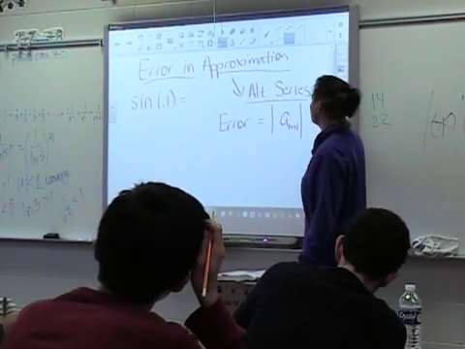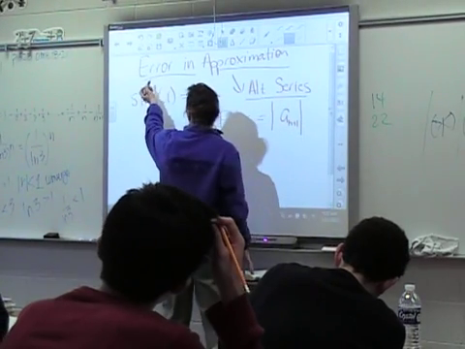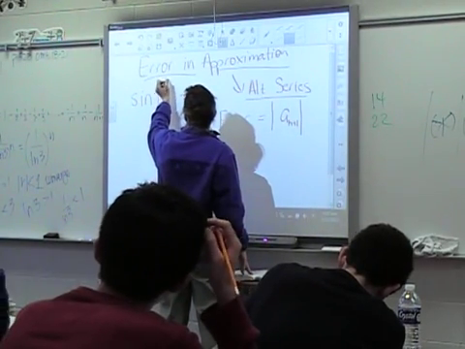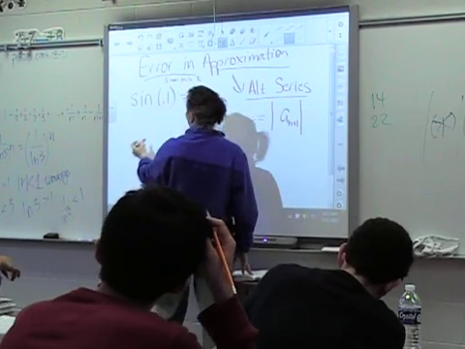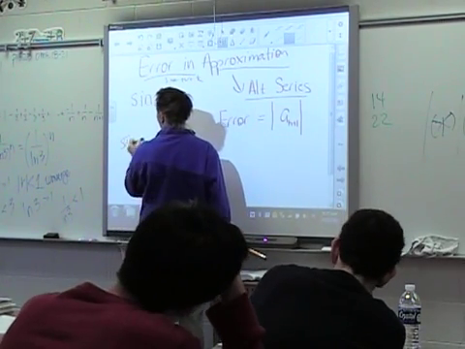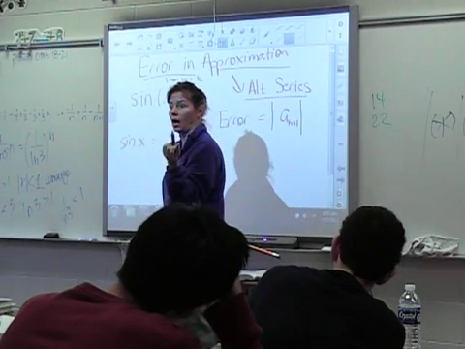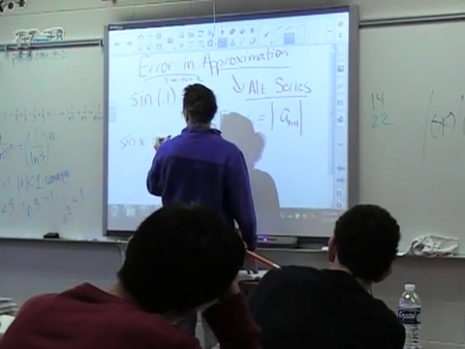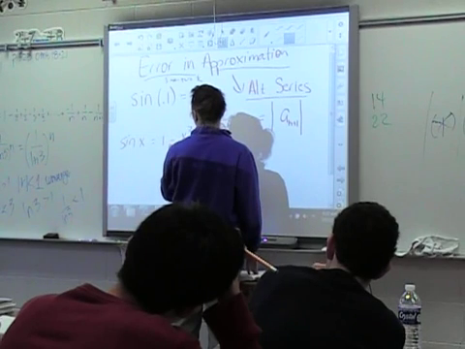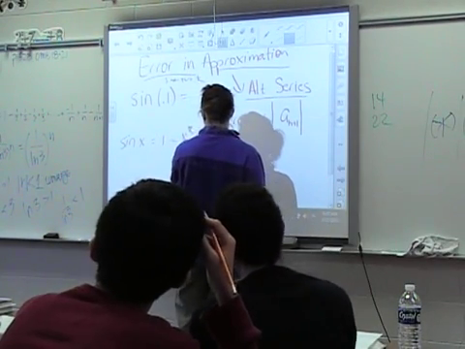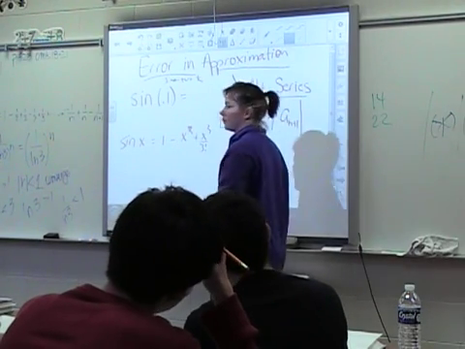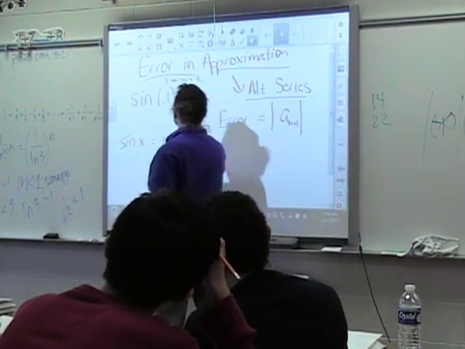So let's say I was approximating sine of 0.1 and I said I want us to use 3 non-zero terms. What is my sine series? Sine is odd, so it's x minus x cubed over 6, there's no 1.